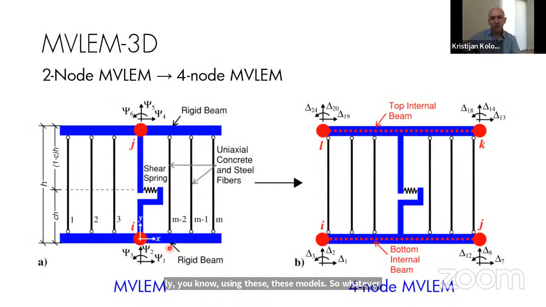Well, conceptually, it was really simple. We didn't really change the formulation of the actual model itself. All we did was basically apply a geometric transformation that converted two-node elements to a four-node element. In order to do that, we have some kind of internal beam embedded into the model.